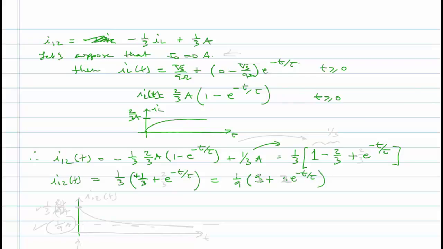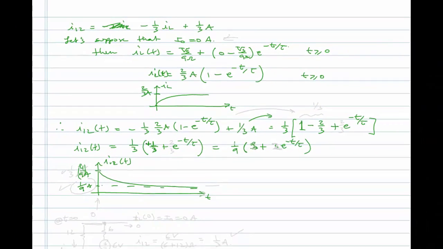Okay, I'll write it that way. So at time 0 we have 4/9, 4/9 of an amp. And at time infinity, we have 1/9 of an amp. Okay, it's going to look like this.